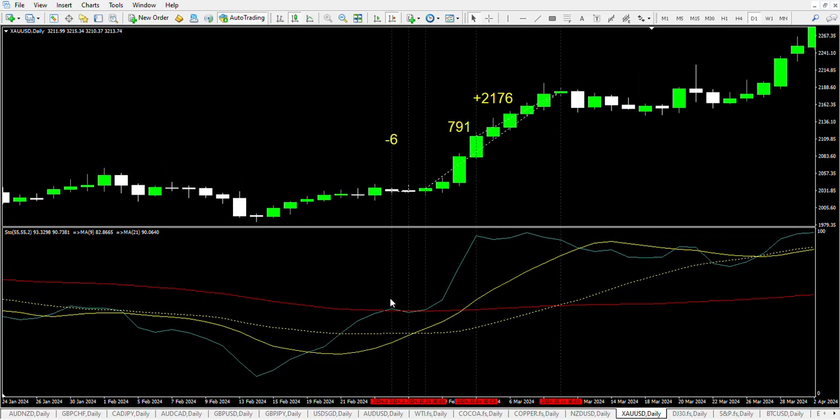It came up above the red and came right back down, and then went back up again. So that's a valid buy because the MA is still below. And then the 9 ended up on this candle crossing, so I would have closed that first trade for 791. And then if we'd waited for the 21, we would have got that many pips there.